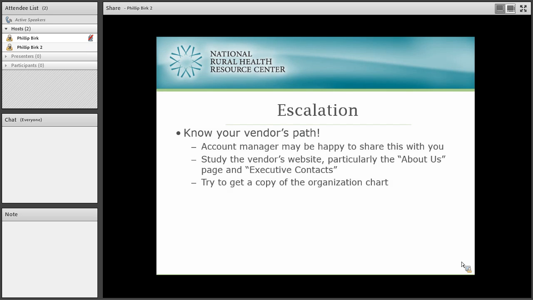Would you mind sharing an organization chart with me? Sometimes they'll give you that organization chart with phone numbers on it. That can be very, very beneficial when you're having significant problems. Those executives, you want to make sure you're not crying wolf when you get to that level, that it is a really significant problem that you're not getting resolution to.